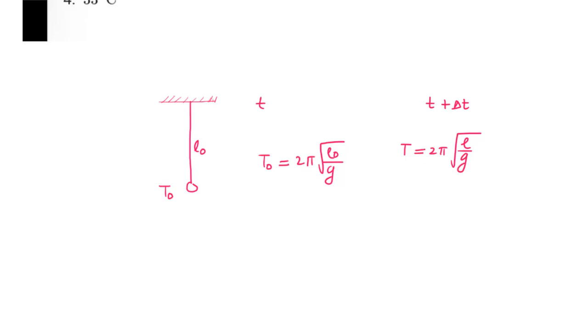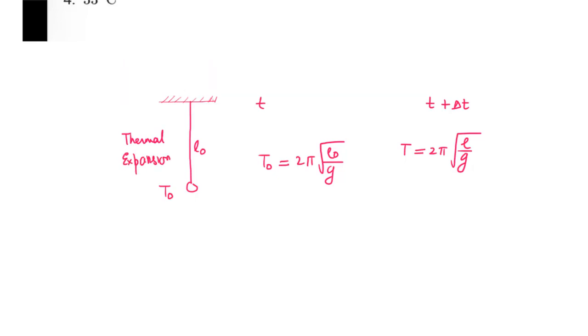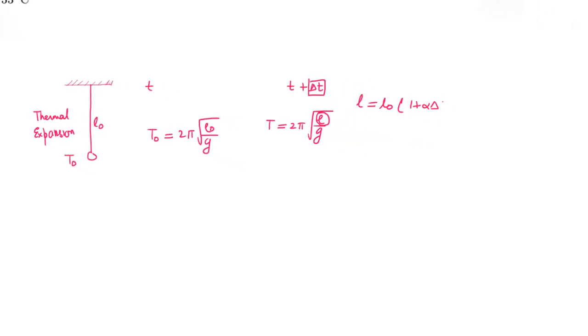By thermal expansion in length, the new length is L, increased from L naught for that much temperature increment. From thermal expansion we know L equals L naught times 1 plus alpha delta T, where delta T is the temperature increment.